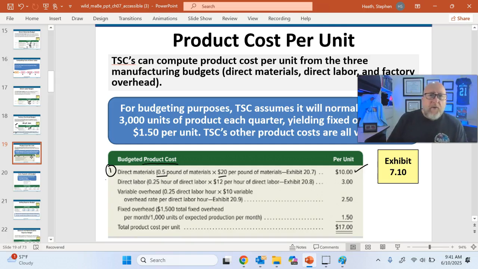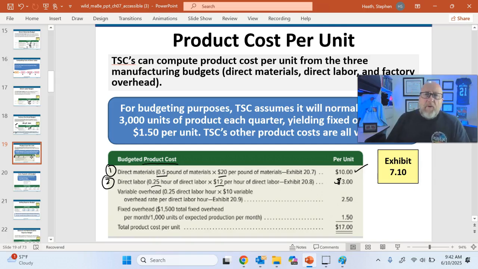And then we can do direct labor, which we just did in the previous slide. Every unit is going to require a quarter of an hour, and we're going to pay our poor children $12 an hour, and therefore every unit is going to get $3 of labor associated with it.